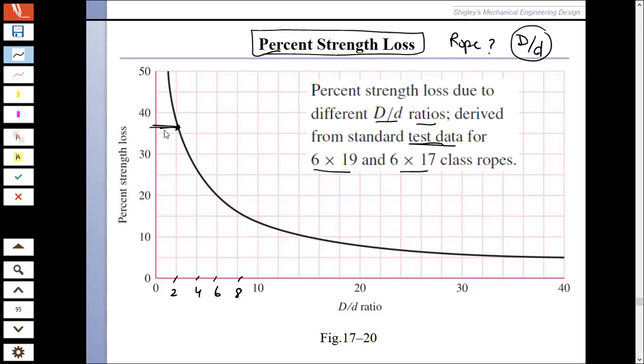See how much it has reduced? It is almost 37%.